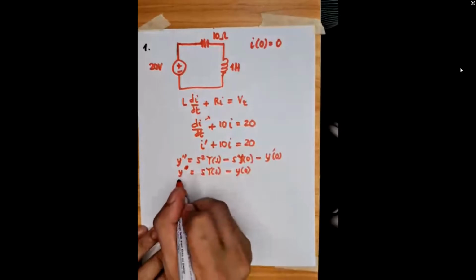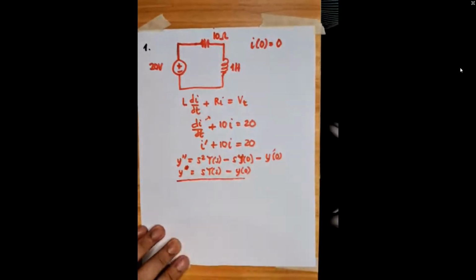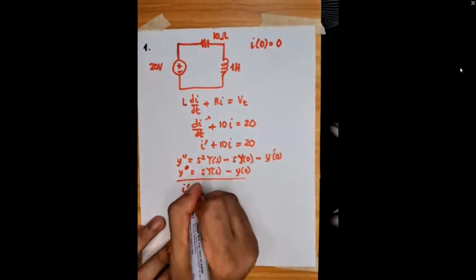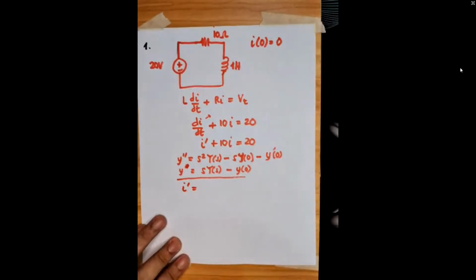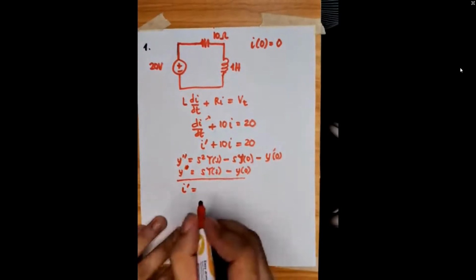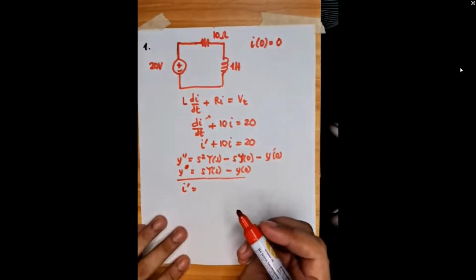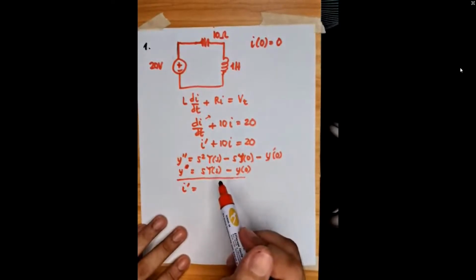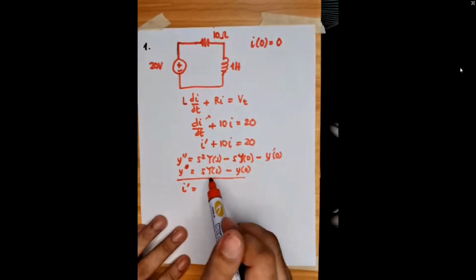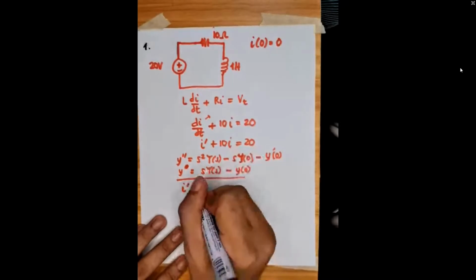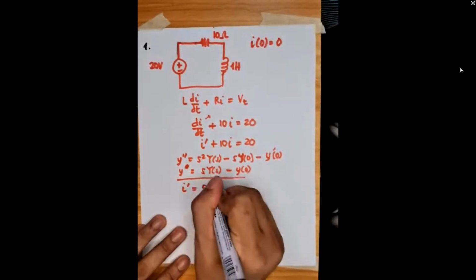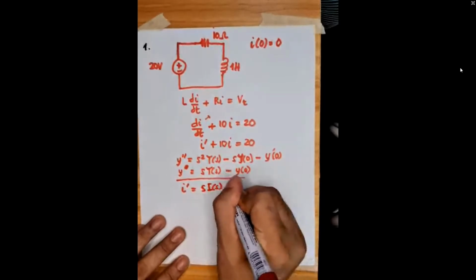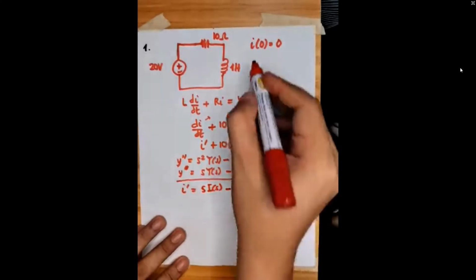So we just apply this. What is our I prime? This time we use I instead of y. So I prime will be equal to s I of s minus I of 0, the condition.